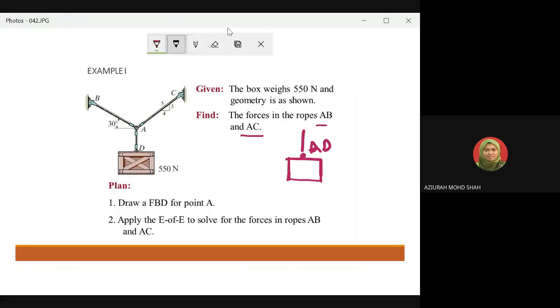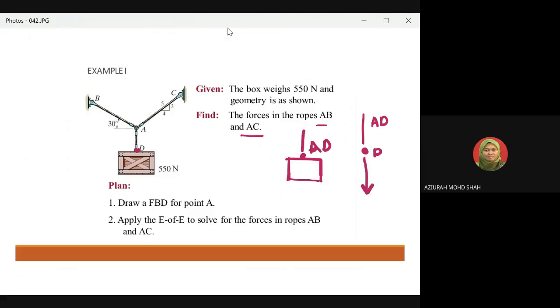Alright. Jadi bila kita nak lukis FBD, if we consider point D, kita boleh tukarkan jadi satu point. Point D. Okay. Kabel AD. Kemudian kita ada weight. Ada weight of 550 Newton. So the force should be downward lah.